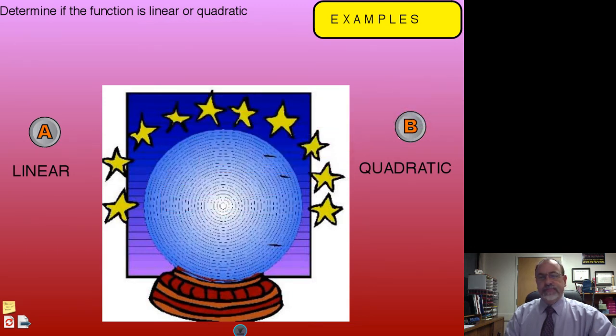Alright, I'll pull a few more through. You can stop the video if you want to guess, but I'll move kind of quickly here. This one's pretty easy. The x squared is right there, so that's obviously a quadratic. This one here, if you distribute, the x times x would be x squared, so this would be a quadratic.